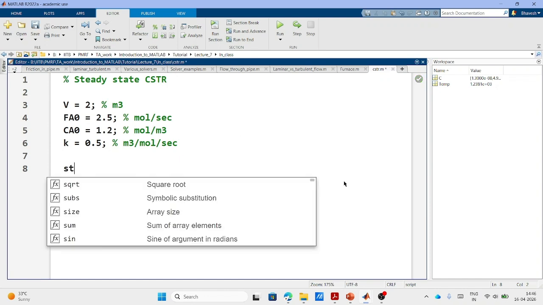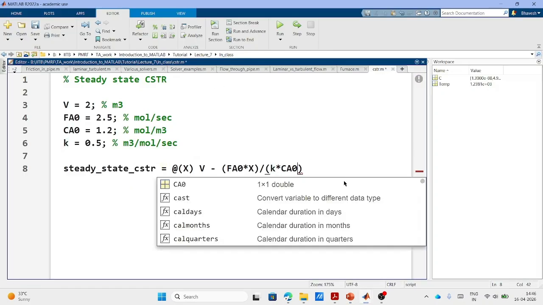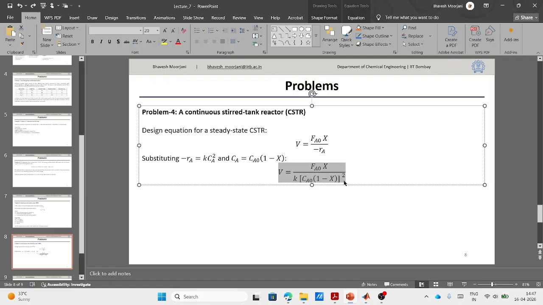So I will create one function which says steady state CSTR, a function of my conversion x, is equal to V minus this entire term, which is Fa0 into x divided by k into Ca0 into (1 minus x) squared, Ca0 into x squared.